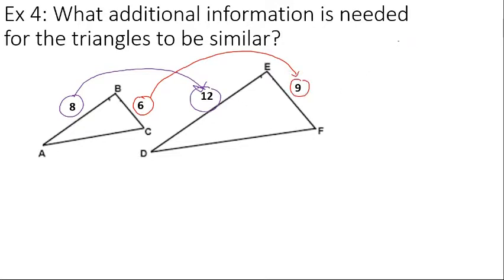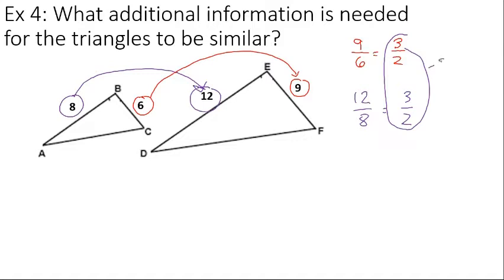So what I do here is I put 9 over 6, and that reduces to 3 over 2. And I put 12 over 8. And that reduces to 3 over 2. So this right here is my scale factor.